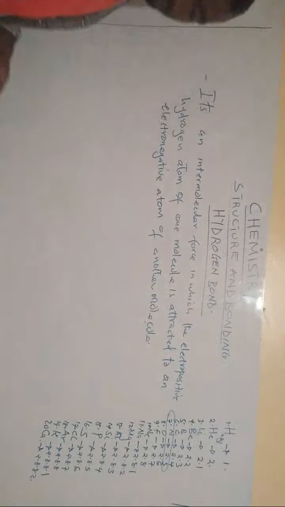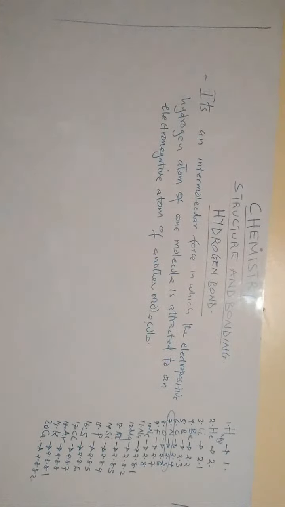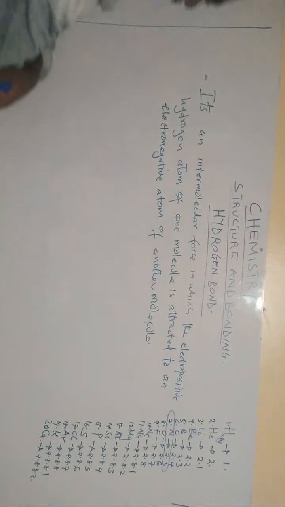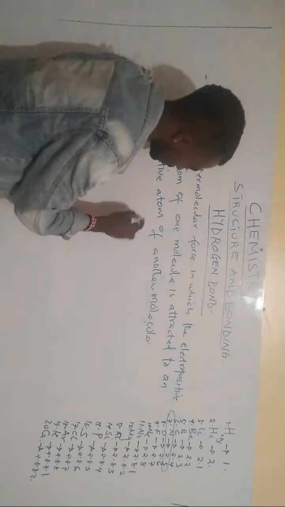Look at that. Hydrogen bond is an intermolecular force in which the electropositive hydrogen atom of one molecule is attracted to an electronegative atom of another molecule. This is what we mean. A good example for this one is the water molecule.